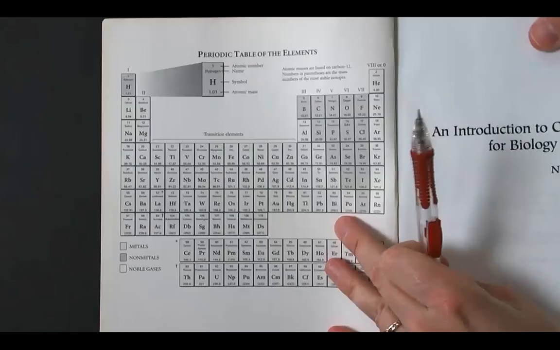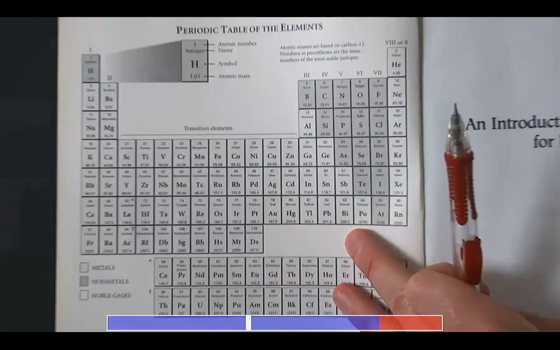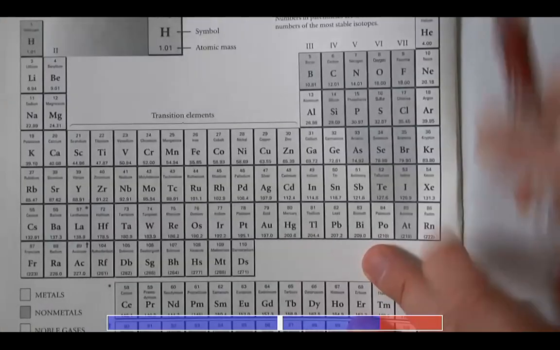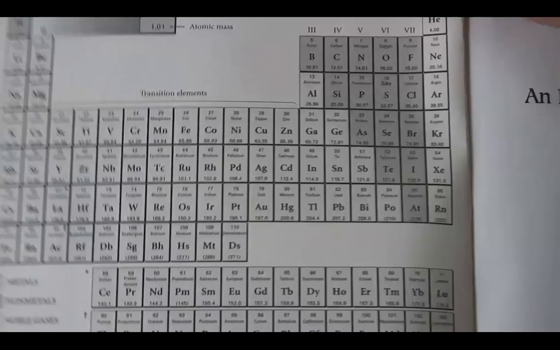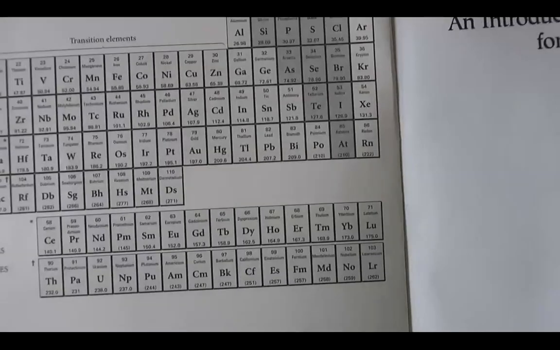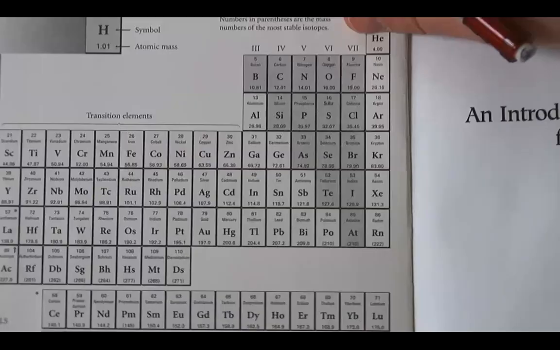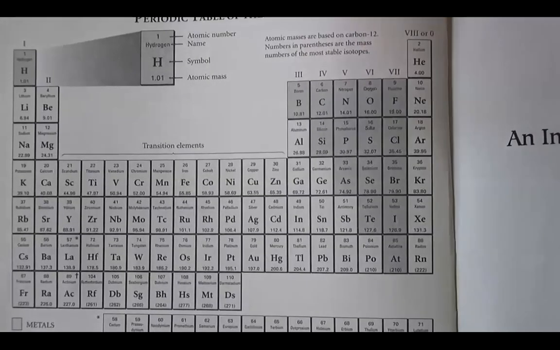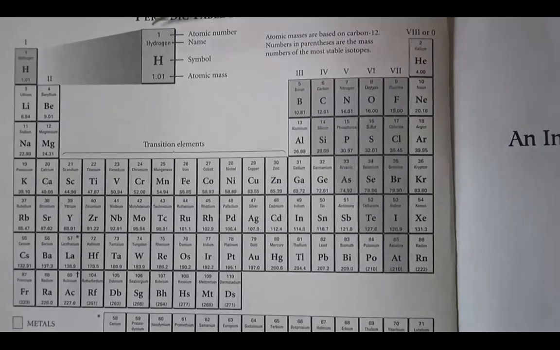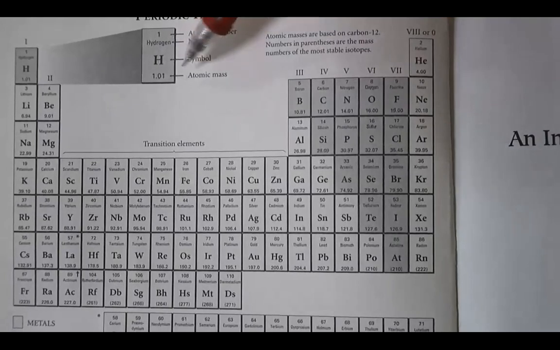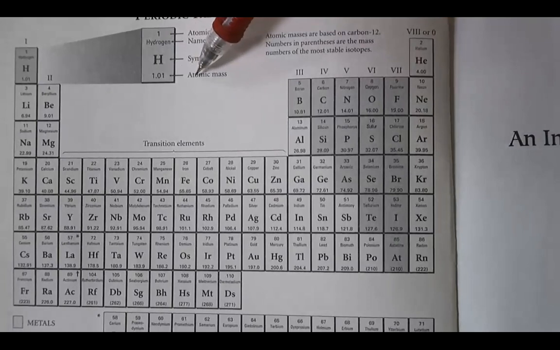So when we look back at this, right here, that was our atomic number of protons, our atomic symbol. And then down here, a lot of times they call this average atomic mass or average atomic weight.